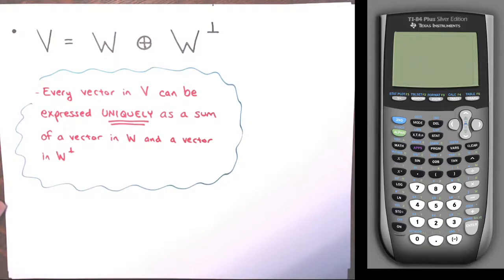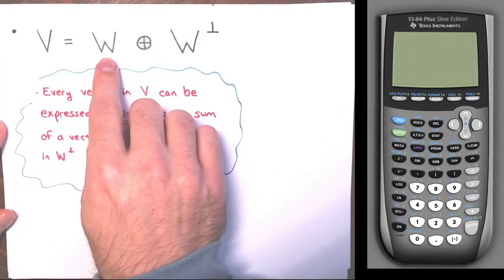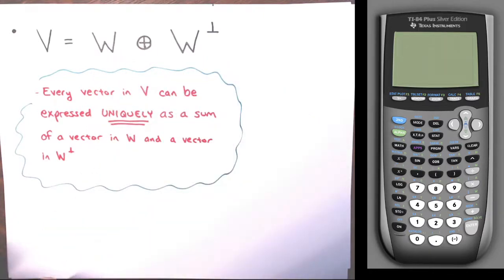Right? And I can write any vector in the inner product space as a vector from W plus some vector from the orthogonal complement of W, and that's the only way I'd be able to do it. There'd be no other way to express it, right, uniquely.